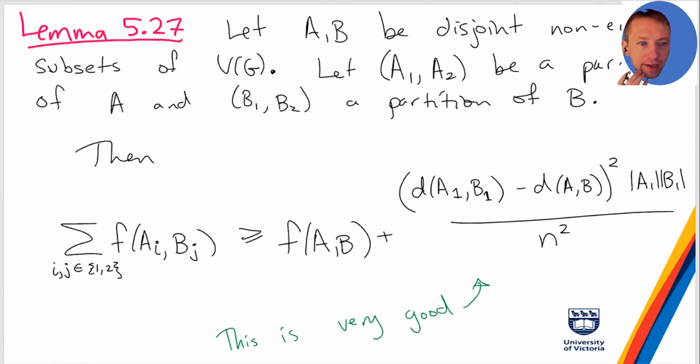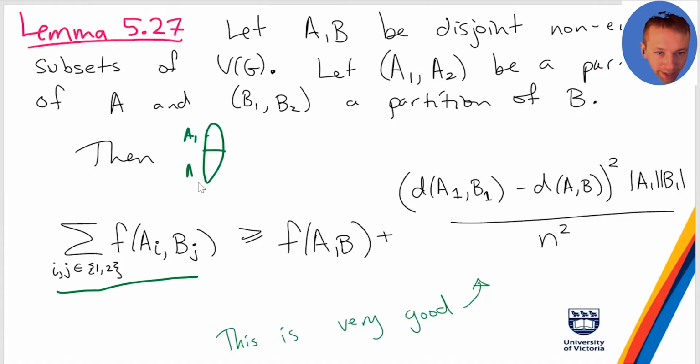So let A and B be disjoint non-empty sets. Suppose that A1, A2 is a partition of A, and B1, B2 is a partition of B. What I'm saying here is that if I add up F(A1, B1), F(A1, B2), F(A2, B1), F(A2, B2), these 4 values, thinking of splitting A into 2 sets and B into 2 sets, then the sum is at least F(A,B) plus this quantity, which now depends on the densities between the sets.